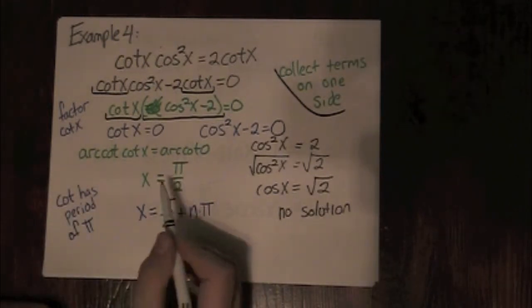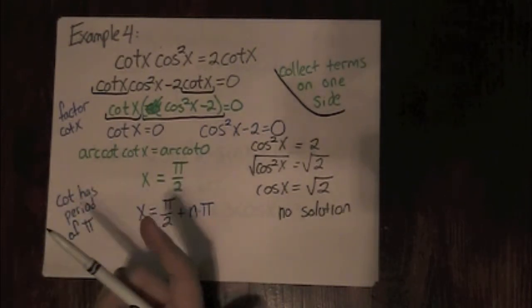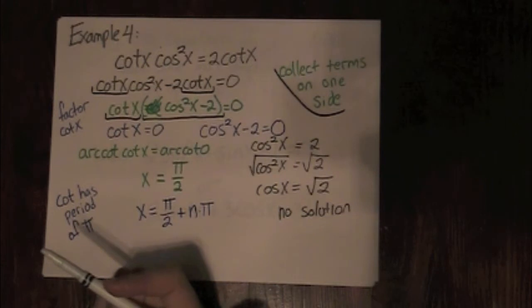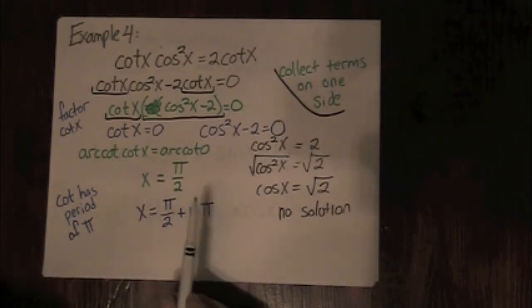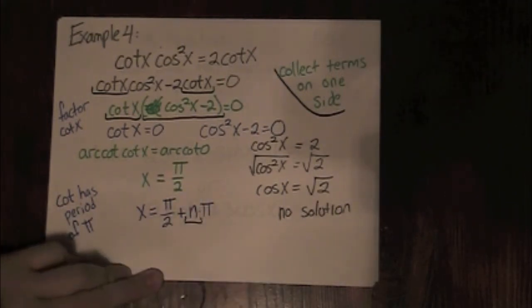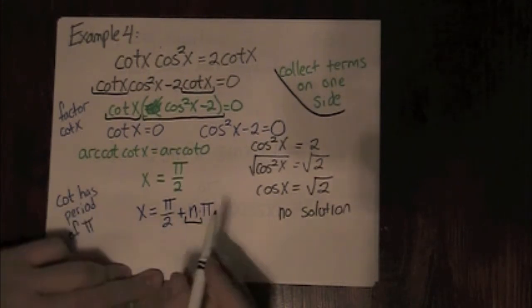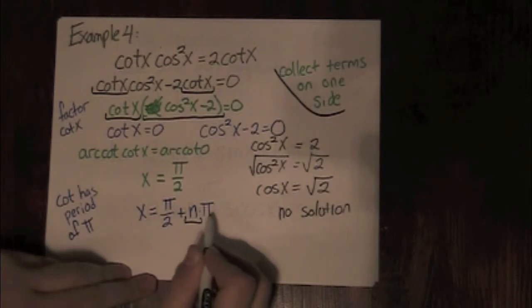Since cotangent has a period of pi, remember that cotangent and tangent have a period of pi, while cosine, sine, cosecant, and secant all have a period of 2 pi, we're going to drop the 2 to get the general solution and get pi over 2 plus n times pi.